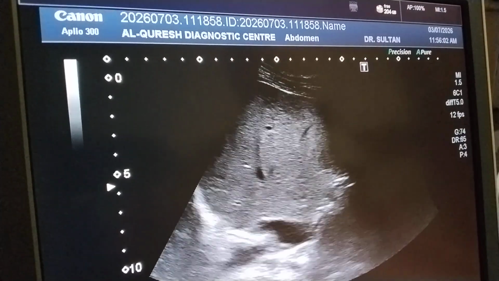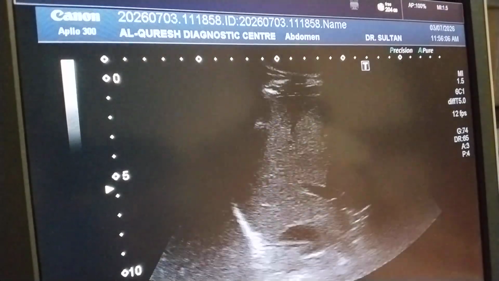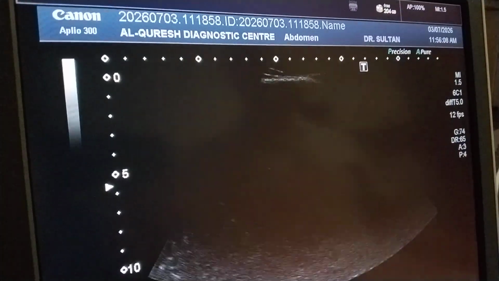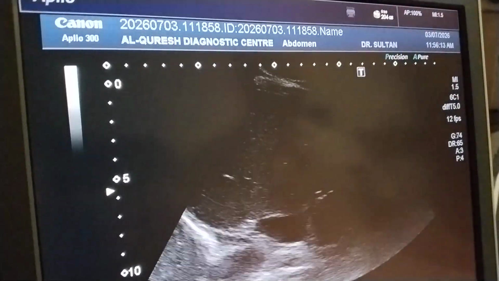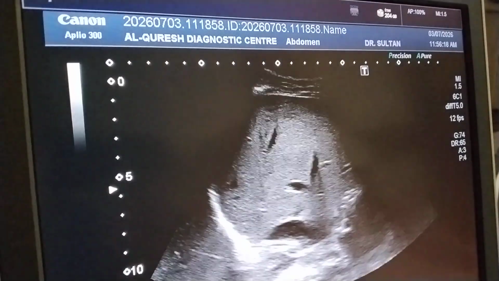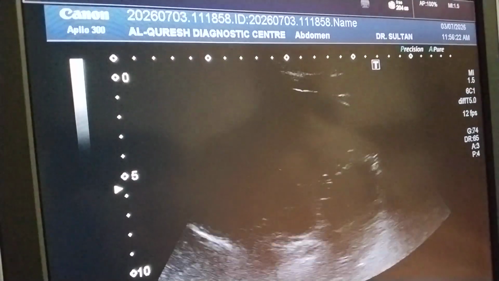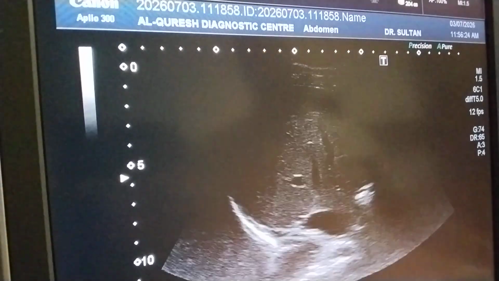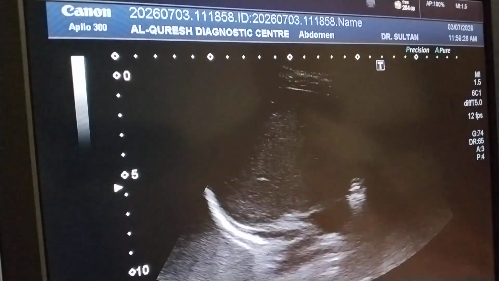Today I am going to tell you how to trace the right ureter. As we know, the ureter is a tubular structure and a muscular tube. Smooth muscles are present within the wall of the ureter.